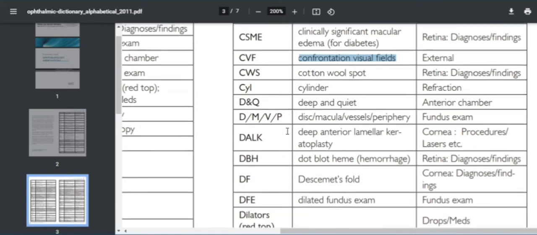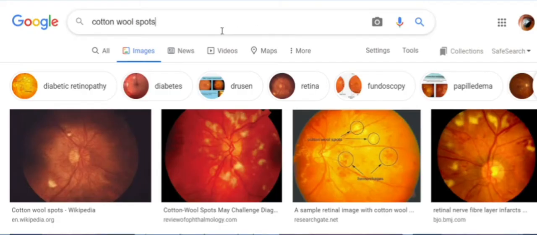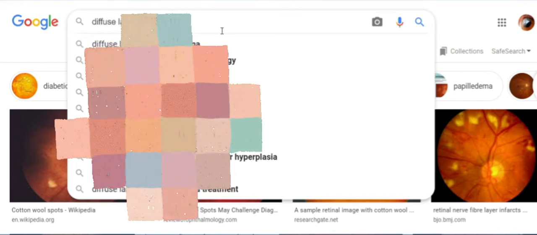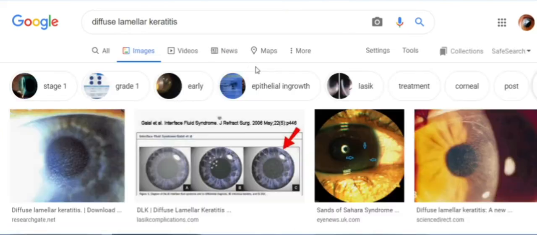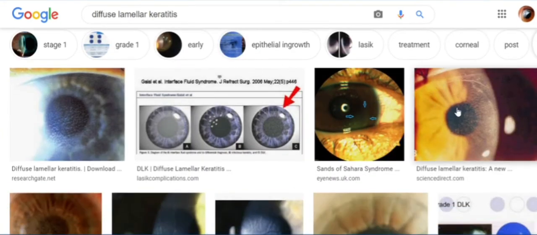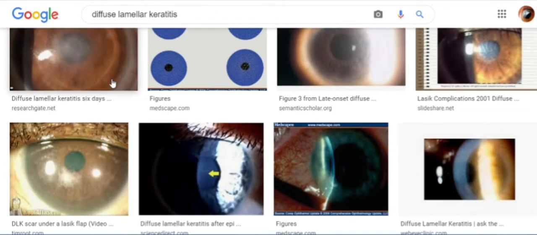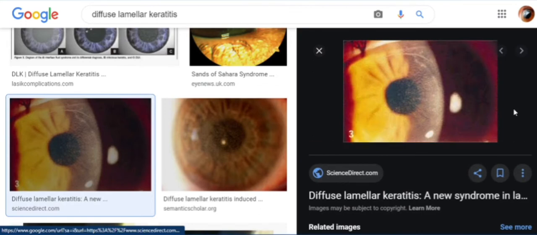DF, Descemet's folds, and DFE, dilated fundus examination. DLK, diffuse lamellar keratitis. Let's see the picture. Diffuse lamellar keratitis looks like this. It will be helpful for corneal identification.